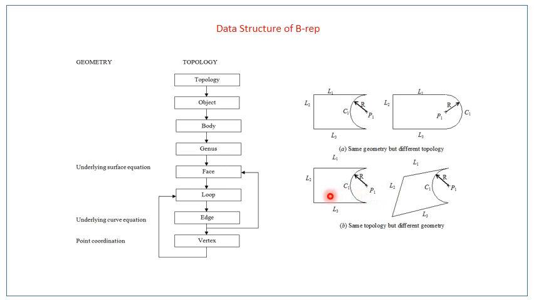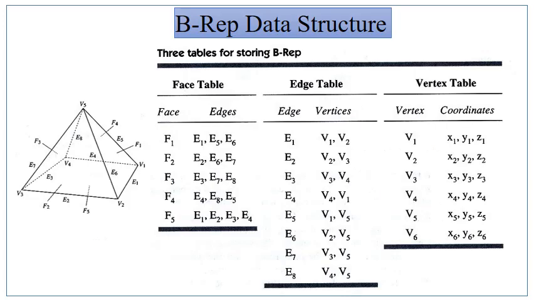Here we can see that both the images are similar, but this image is a little bit tilted or inclined with some angle, and so this example represents same topology but different geometry.